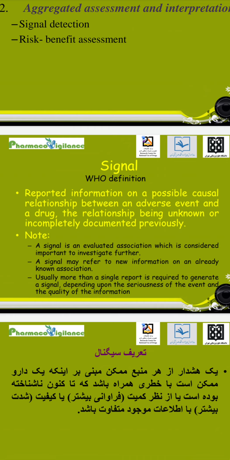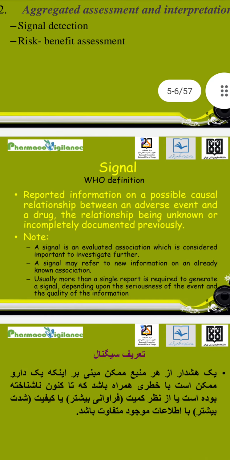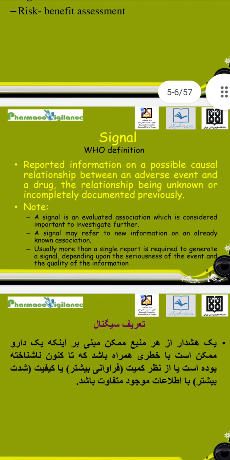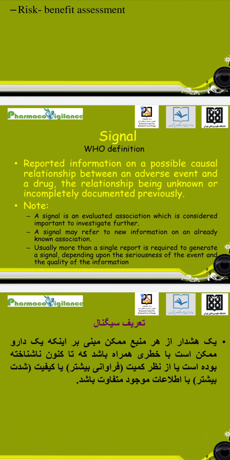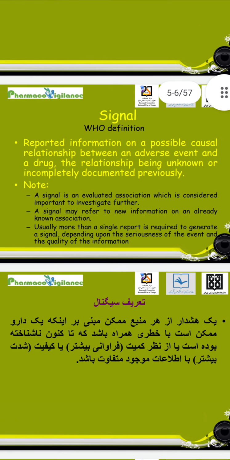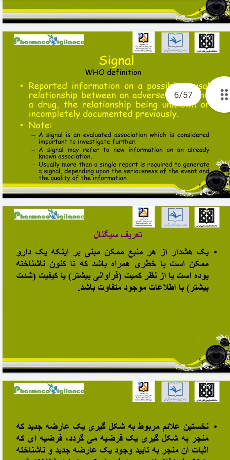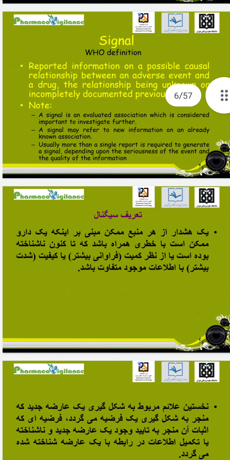A signal may refer to new information on an already known association. Usually more than a single report is required to generate a signal, depending upon the seriousness of the event and the quality of the information. What is the definition of signal?